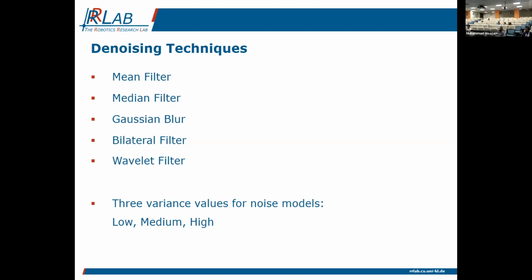Then we have tried also some others, like the bilateral filter, which is a guided filter, and a wavelet filter, which is similar. Wavelets are a decomposition into basis functions, like a Fourier transformation, if you're familiar with that, but with a little bit more complex basis functions.